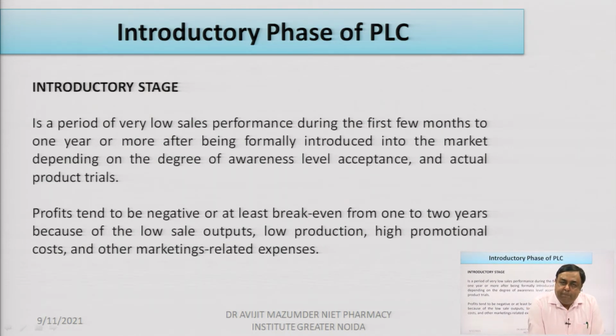So, the items purchased is low, there is a low production automatically, but at the same time you need to invest a huge amount of money in the form of promotional tools. Therefore, your profit may be even negative.